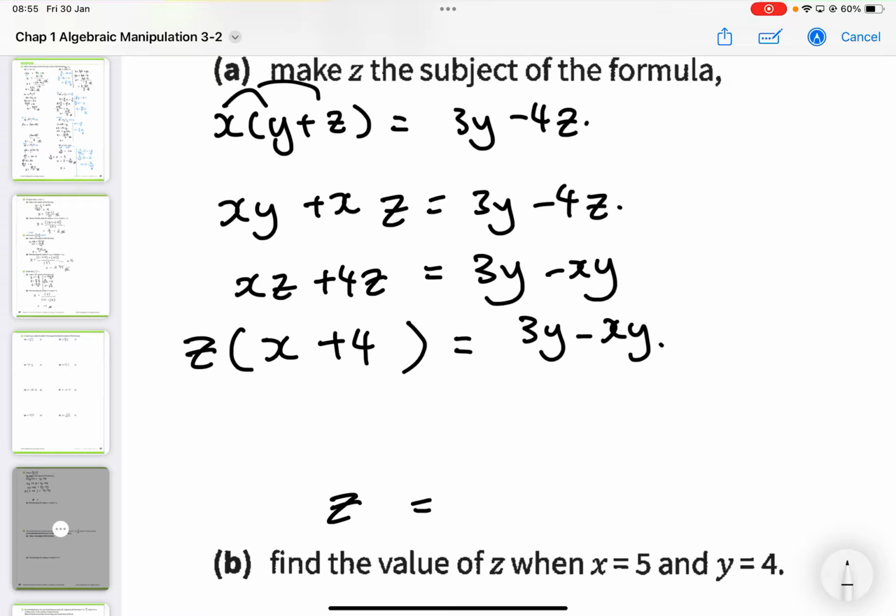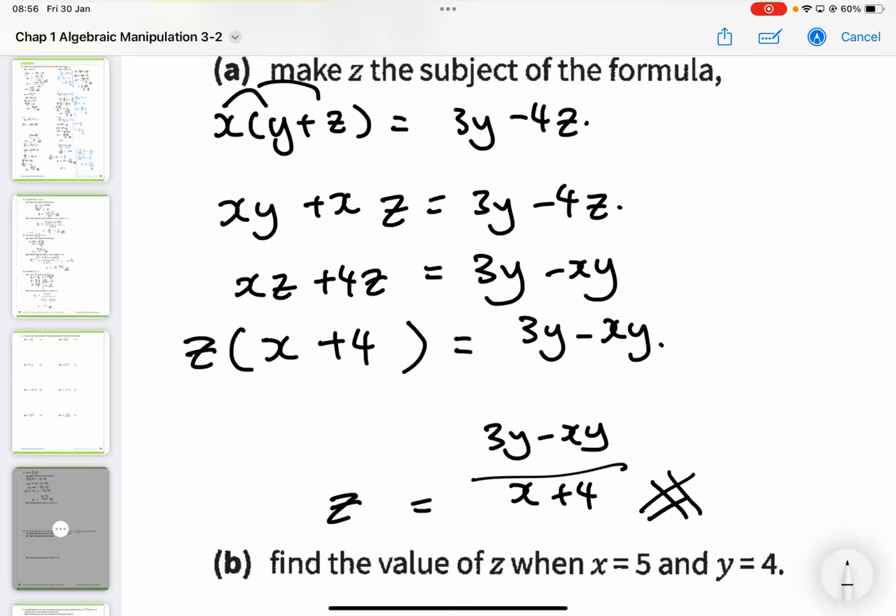Okay, so Z multiplied by a bracket. I want only Z, so I divide by the entire bracket. Then the bracket will disappear. Then I can make Z the subject already. Okay? So this factorized part is the new technique or the new trick that we learned in this question.